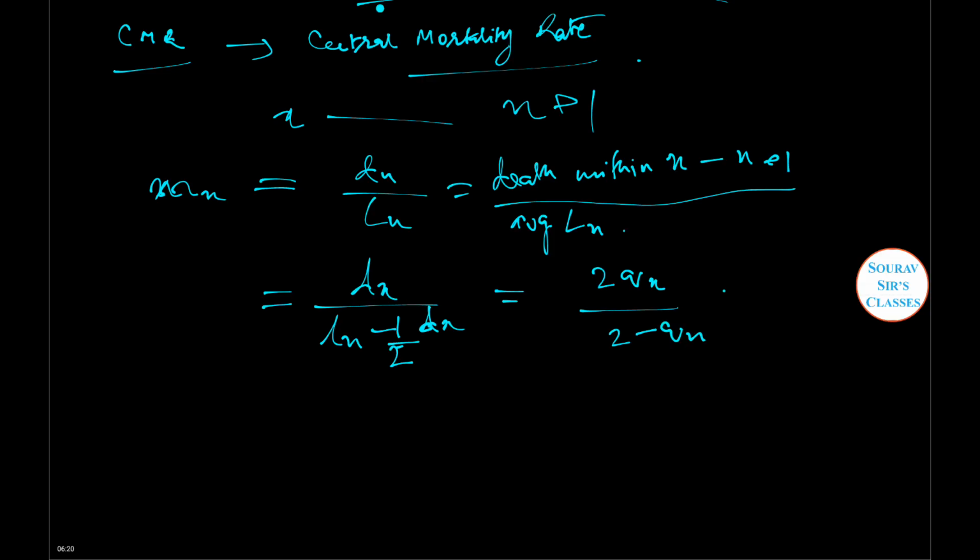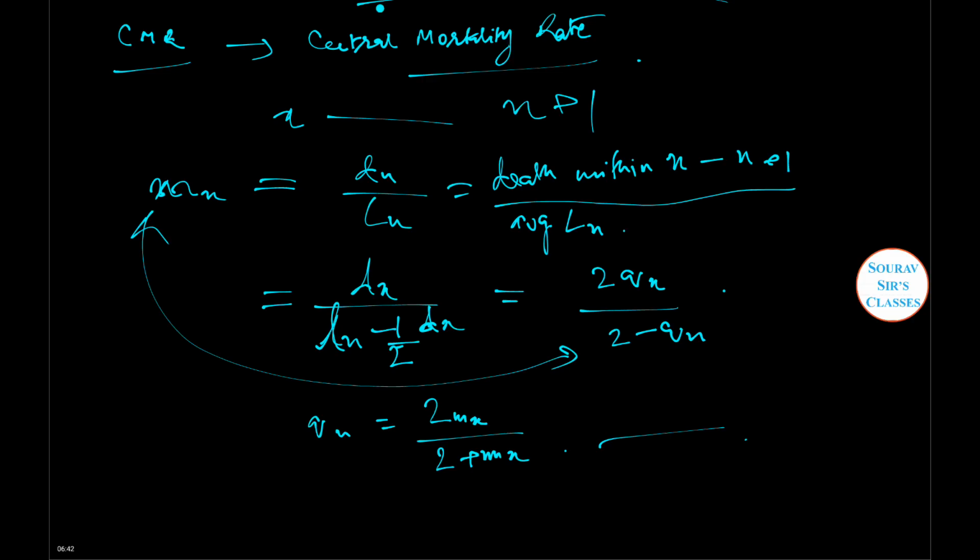This we get by dividing the numerator and the denominator by lx. Hence, mx can also be written in terms of qx, that is, qx is equal to 2mx divided by 2 plus mx, by solving these two equations.